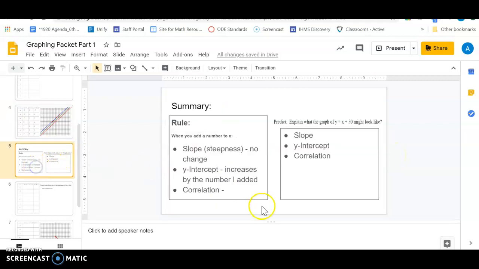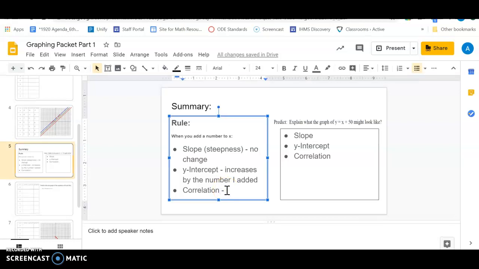So in this case, the only change I make is to add a number to x, it doesn't change the correlation of the original mother line, y equals x. And we're always talking about slope, y-intercept, and correlation in relation to the most basic line, y equals x. So what is the correlation of a line when I add a number to x and do nothing else? It's going to be positive, okay?